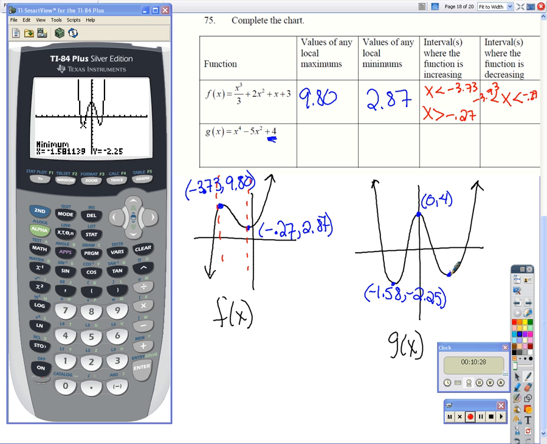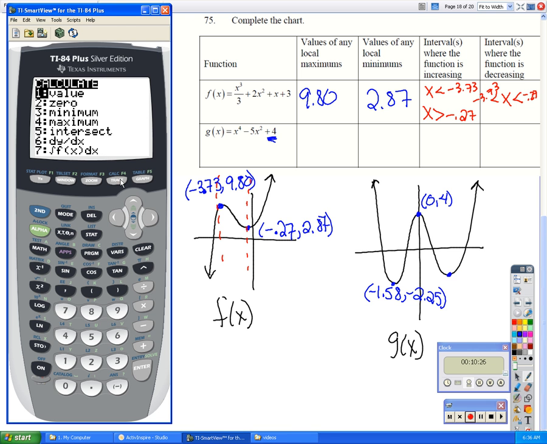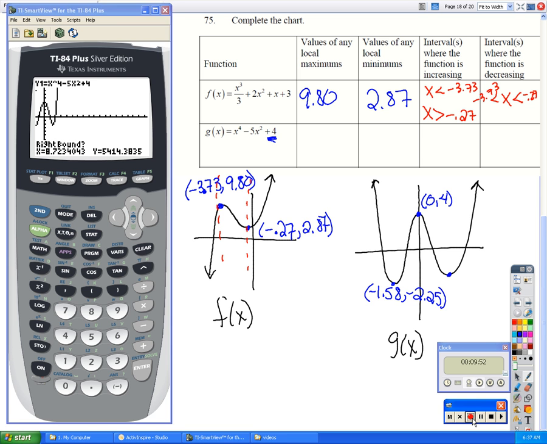And now we're going to find the other one. Minimum. Definitely to the left there. Okay, got my calculator back under control.